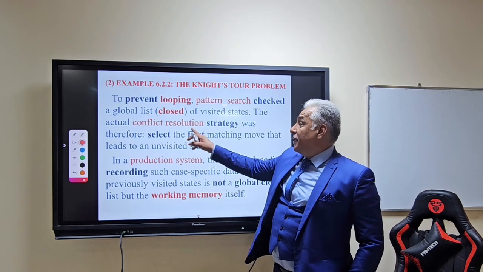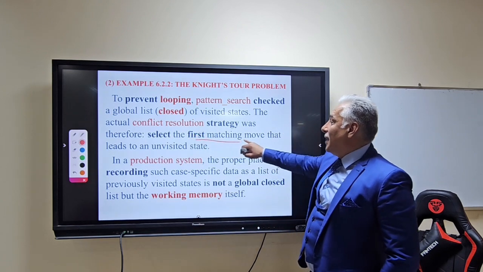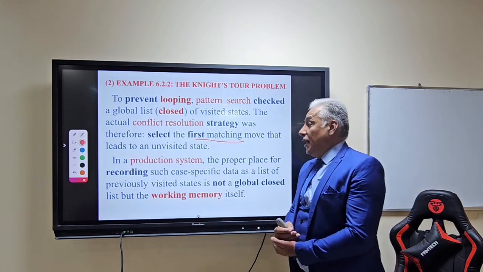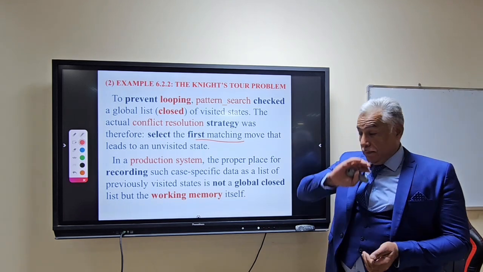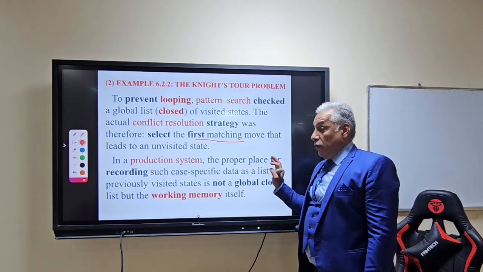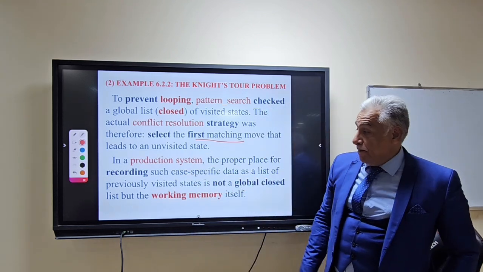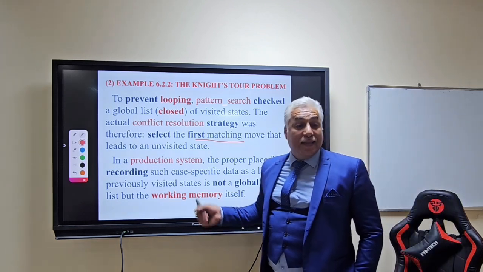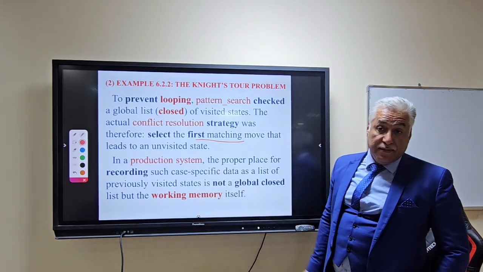The actual conflict resolution strategy was therefore to select the best matching move that is not on the list of visited states. In a production system, the proper place for recording such game-specific data, the list of previously visited states, is not a global closed list, but the working memory itself.